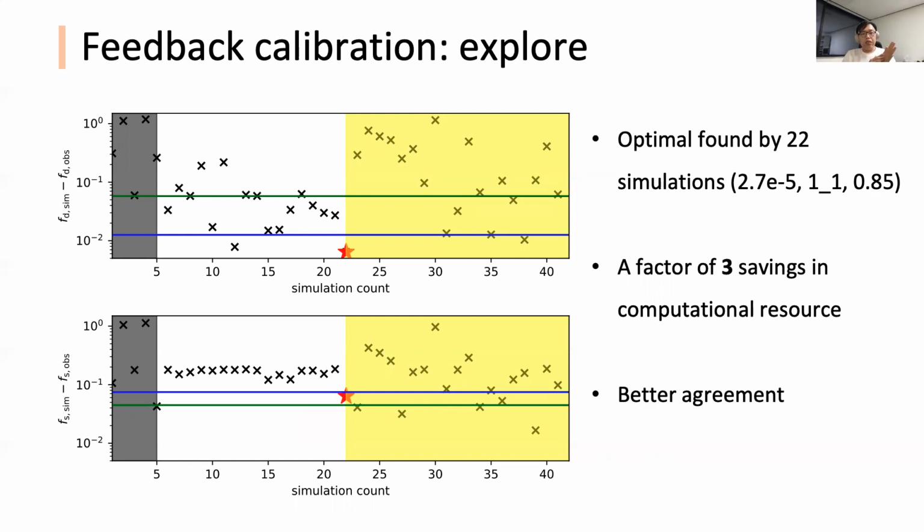And this is done in 22 simulations, which is a factor of 3 savings, or more than 3 to be specific. So not only did the machine find a good set of parameters that's able to replicate the actual universe, it did so much faster.